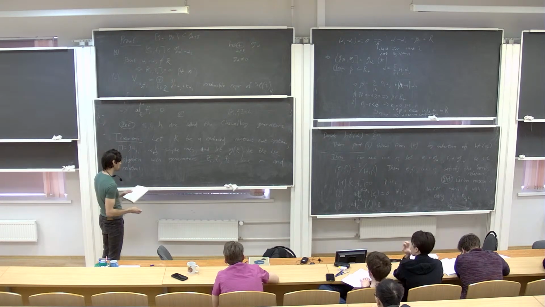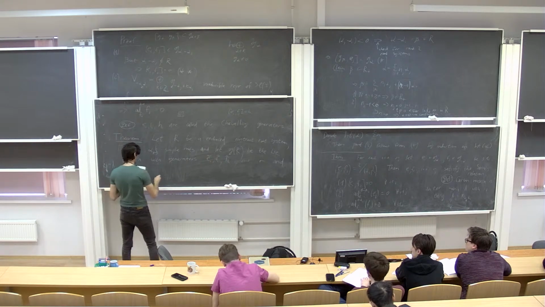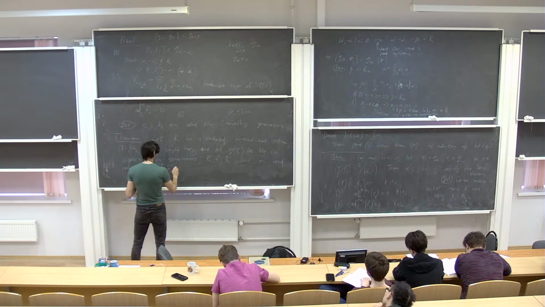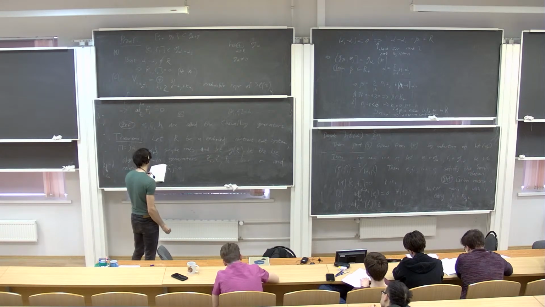So all relations that I impose are like this. H_i tilde with H_j tilde commutator is 0.